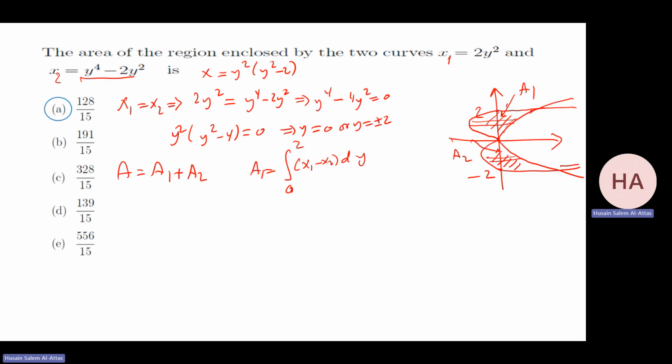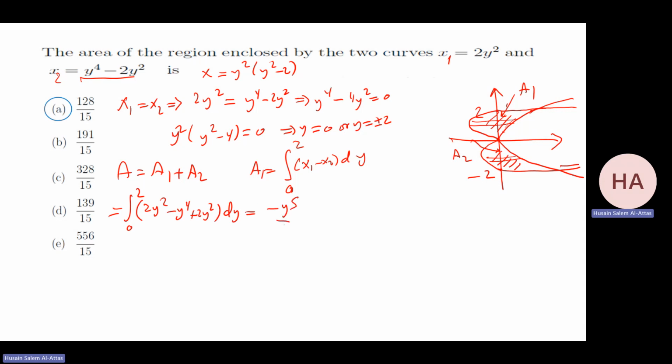That give me what? 0 to 2, x1, which is 2y square minus y to the power 4 plus 2y square dy. Yeah, let me do the calculations quickly.